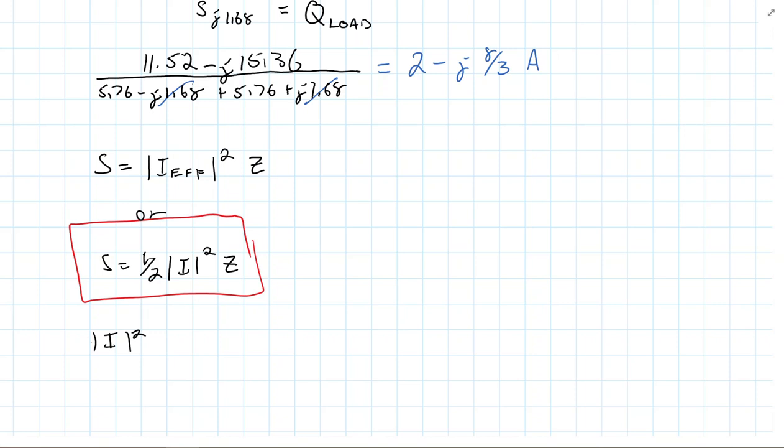Which gets you essentially 11.11. And that's because if you look at the magnitude of I, I'll just write it off to the side here, the magnitude of I is equal to 3.33 repeating.